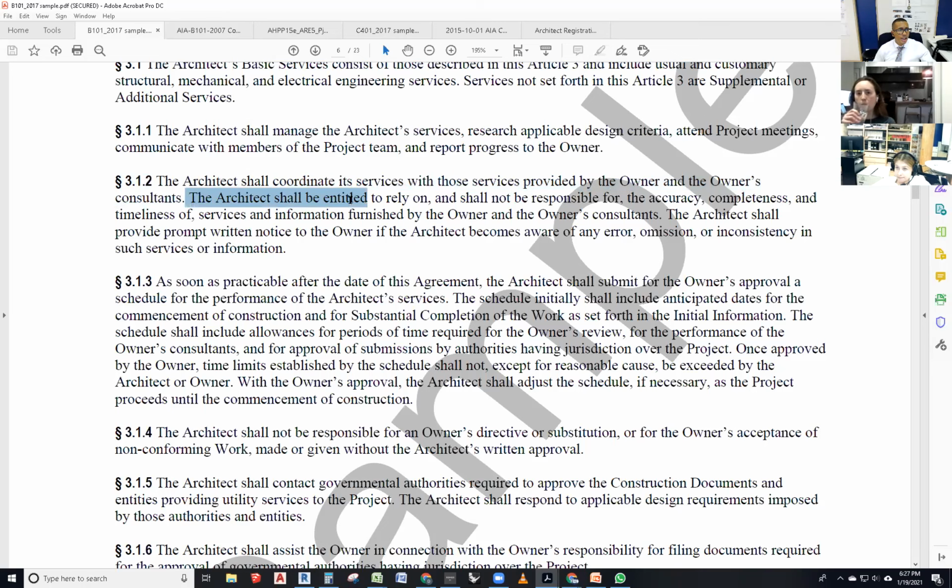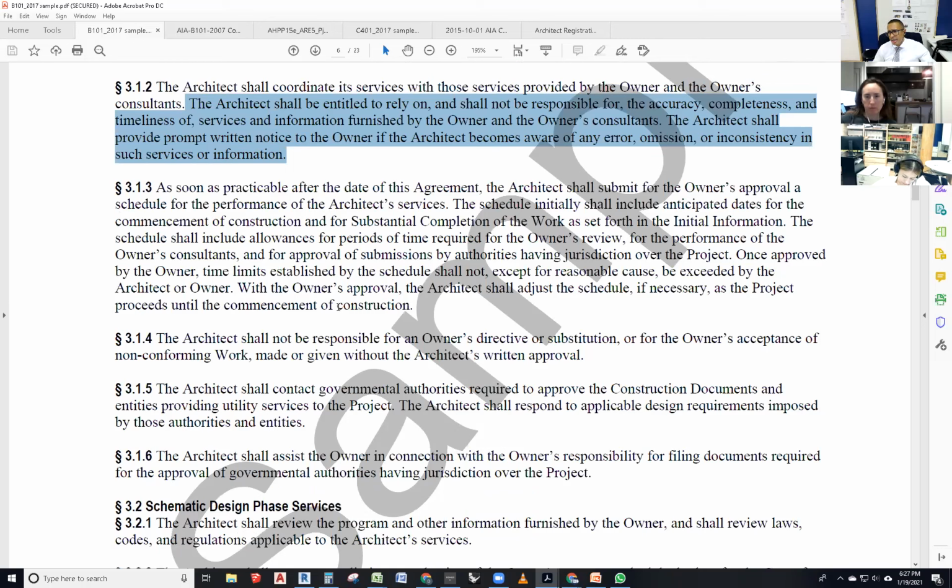And then it says the architect shall be entitled to rely on and shall not be responsible for the accuracy, completeness, and timeliness of services and information furnished by the owner and the owner's consultants. The architect shall provide prompt written notice to the owner if the architect becomes aware of any errors, omissions, or inconsistencies in such services or information.